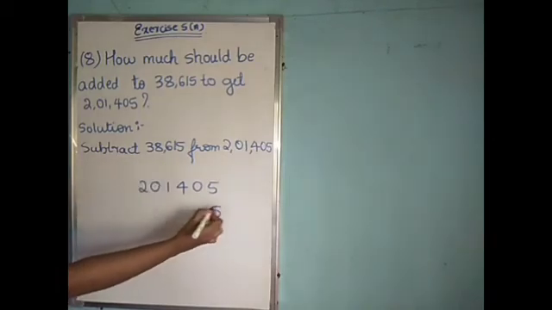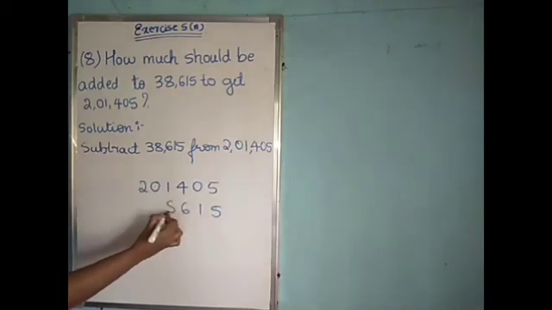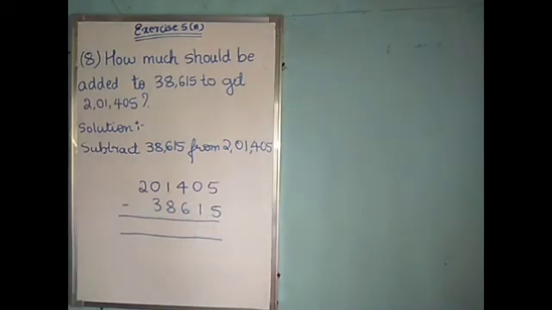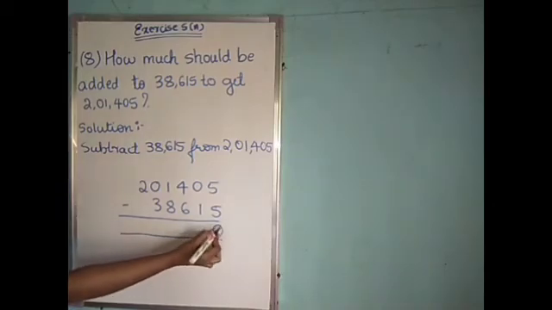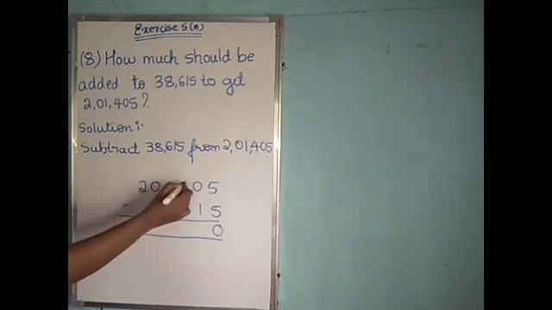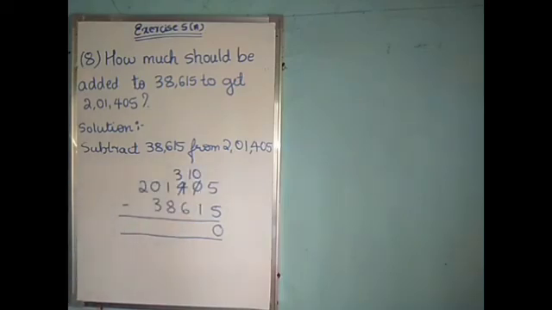Next number is 5, 1, 6, 8, 3. 5 minus 5 is how much? 5 minus 5 is 0. 0 minus 1 is possible to subtract? No, it is not possible. So what we have to do? We have to borrow from 4. If we borrow from 4, then 4 becomes 3 and here 0 becomes 10. 10 minus 1 is how much? 10 minus 1 is 9.